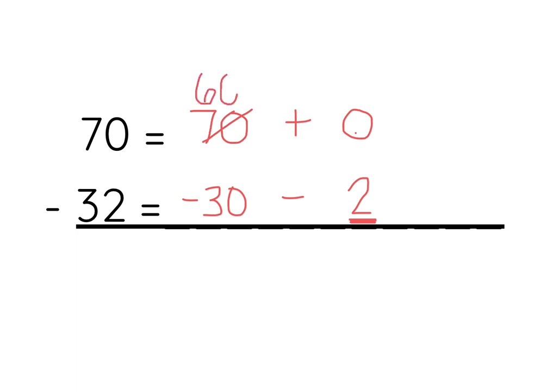So I'm going to rename it as a 60 plus a 10, because one group of 10 is worth 10 ones. Now I have enough ones, so 10 subtract 2 equals 8, and 60 minus 30 equals 30.